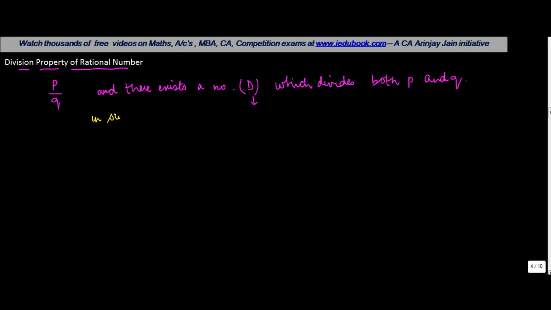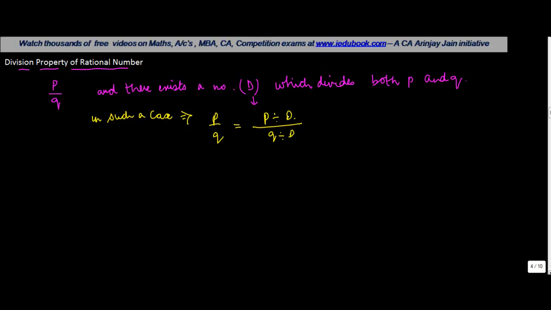In such a case, what happens is that p upon q is equal to p divided by d upon q divided by d, right?